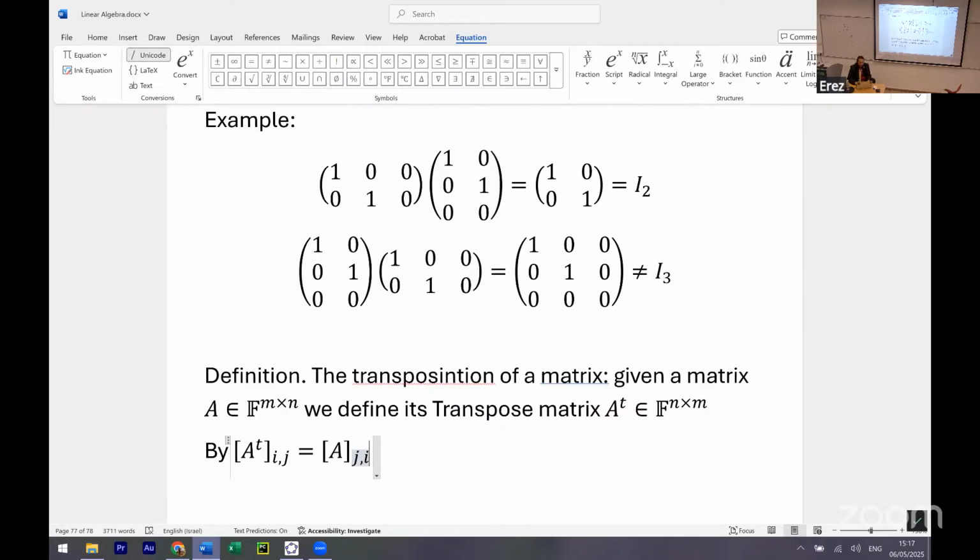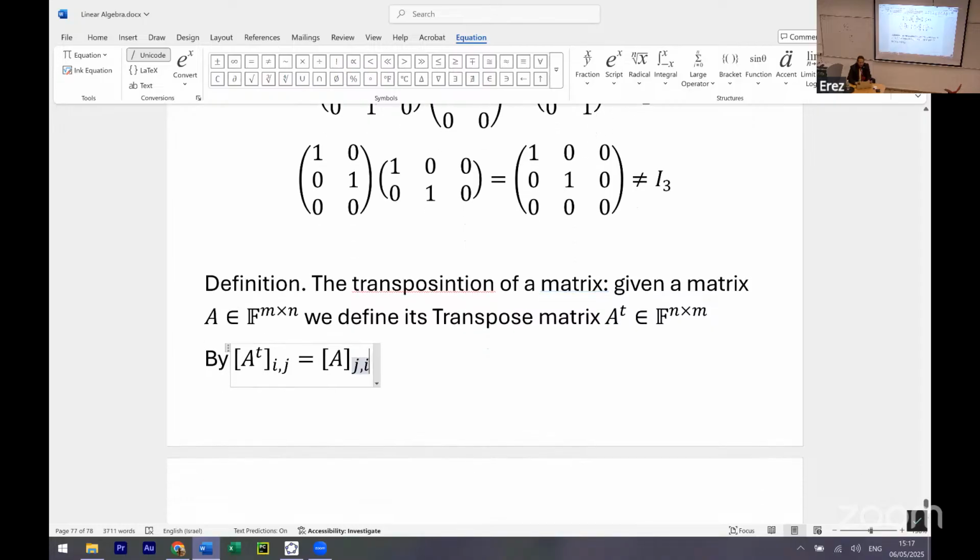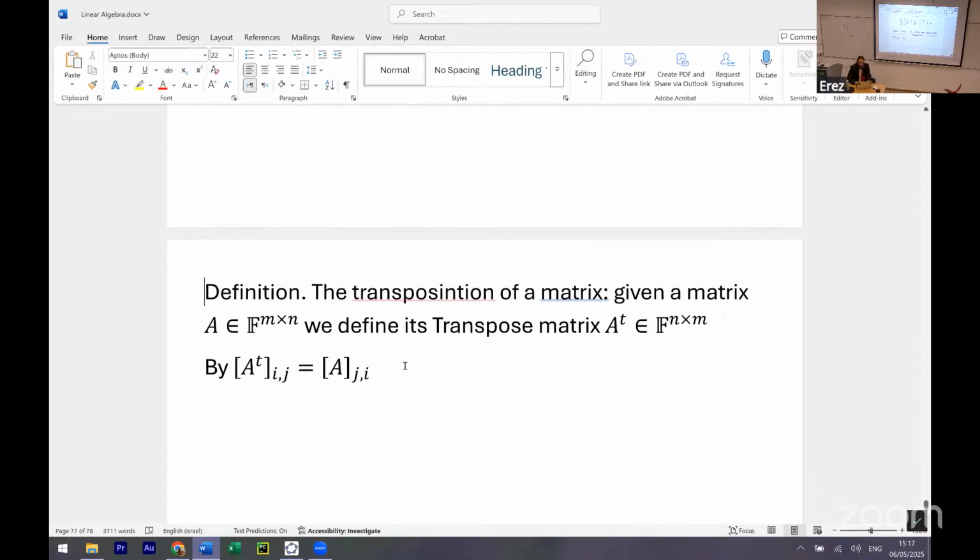Let's see an example and see what it looks like. It's rather easy and sometimes useful. I won't say important. Transposition. Okay. Example.